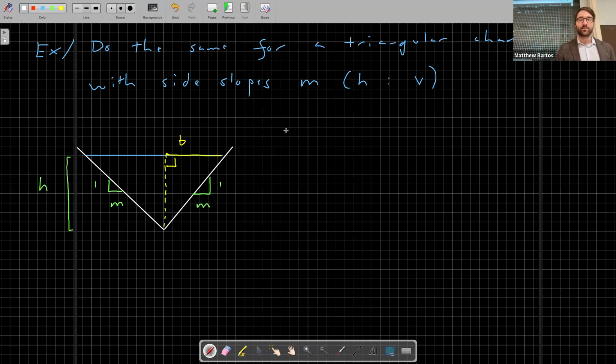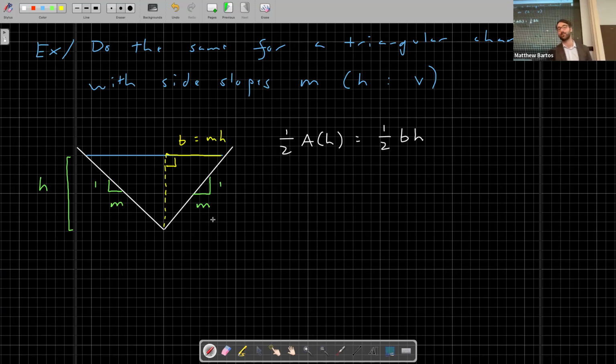So we have that 1/2 of the cross-sectional area is equal to 1/2 base times height. So what is an expression for this base B in terms of the variables that we know? We don't know T, but good guess. What is the base in terms of the side slope and the depth? M times H, very good.